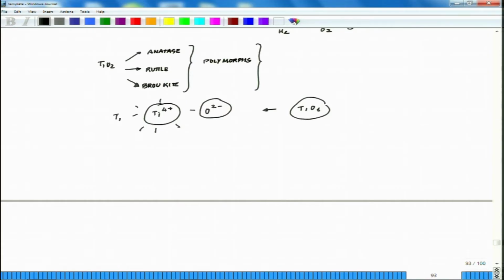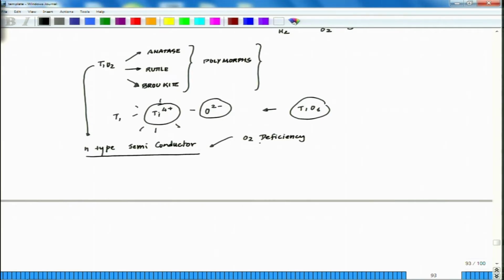And titanium oxide is typically an N-type semiconductor, due to its oxygen deficiency.